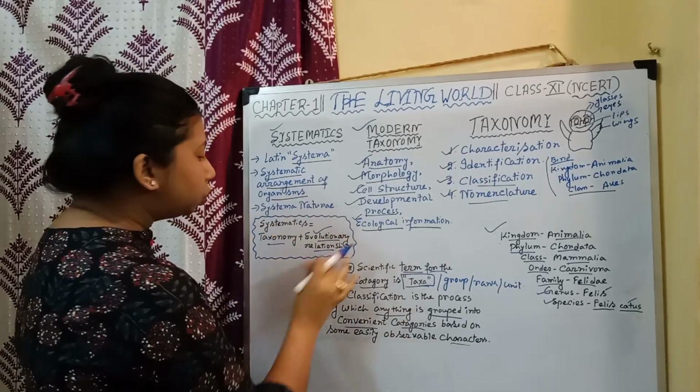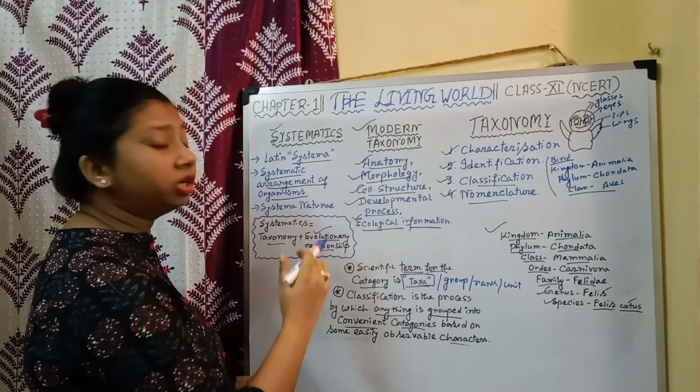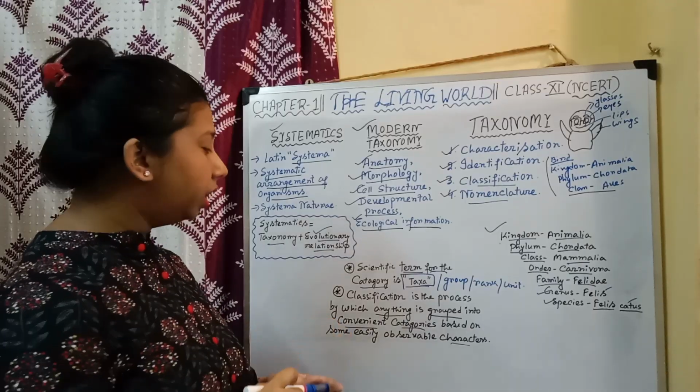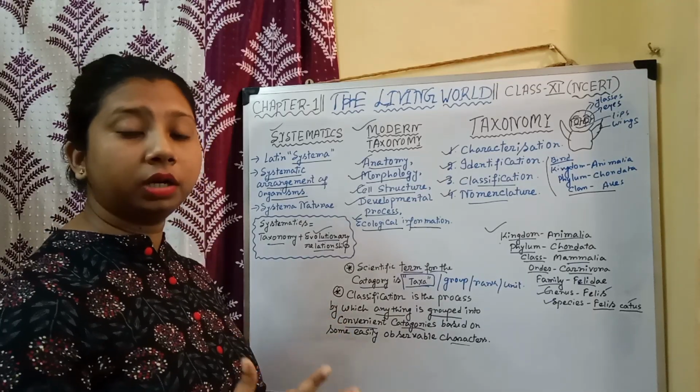These two collectively are called systematics: taxonomy plus the evolutionary relationship of that organism with other organisms. We can call this evolutionary relationship the phylogenetic relationship.